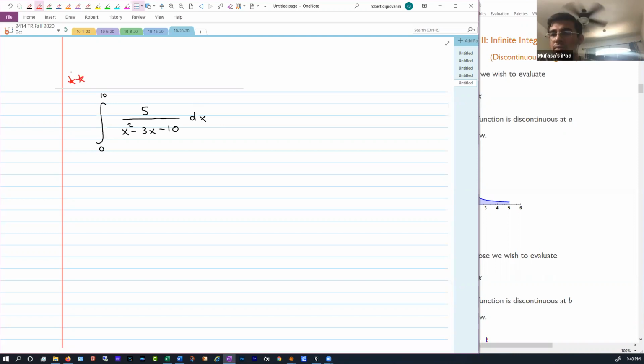I would try to break the denominator. We can complete the square. You can just factor it. Can we just factor it? Yeah, negative 5 and 2.